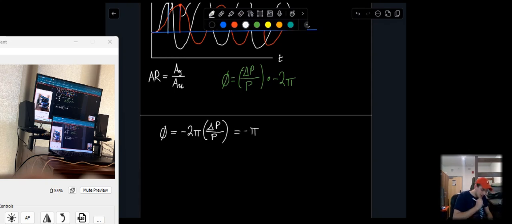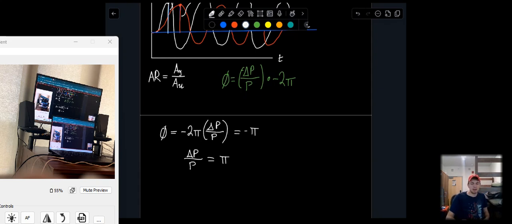Let's go ahead and solve here. Dividing across, delta P over P is going to be one half, a complete phase shift out of each other, right?